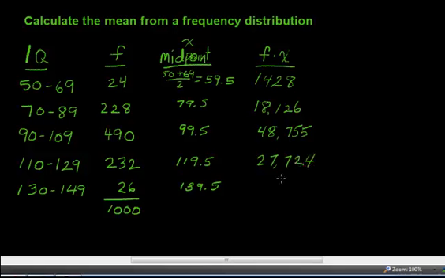And finally 3,627. Okay, and now we need the sum of the frequencies times that representative value in each class, and that's just this total, 99,660.